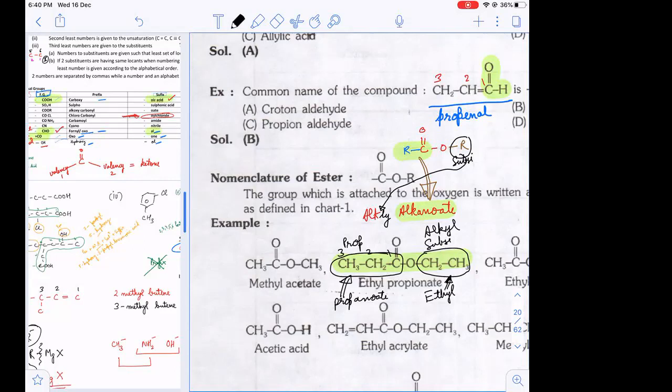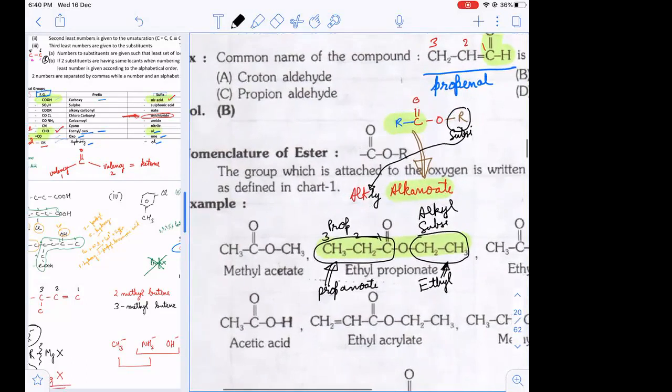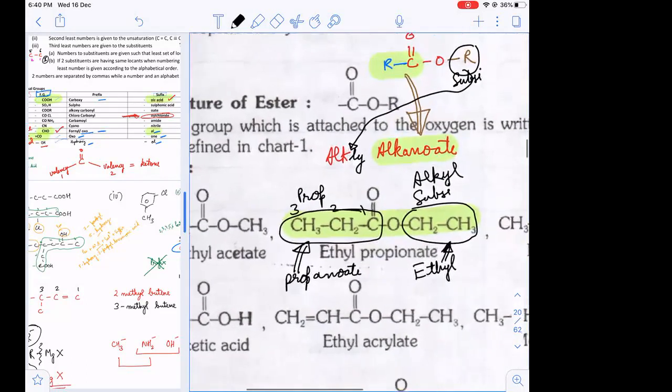There is a little change in it. Ethyl propanoate is very easy to write, but sometimes an I comes in this case: ethyl propionate.